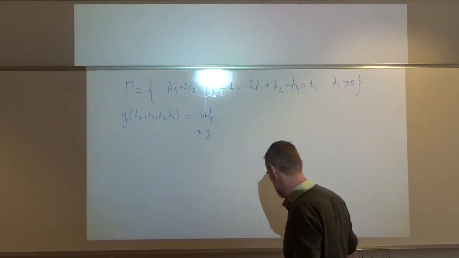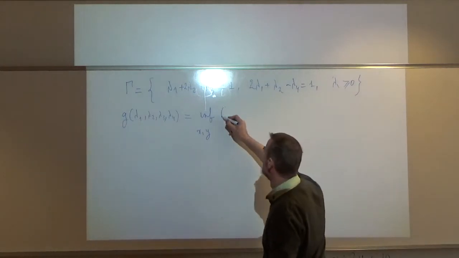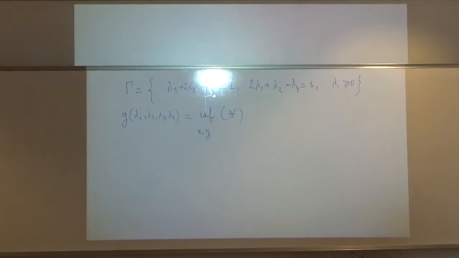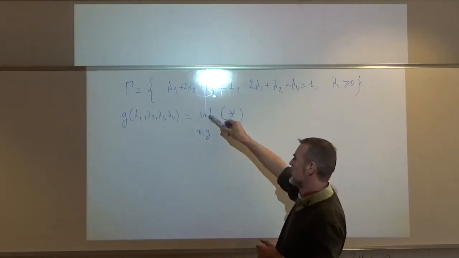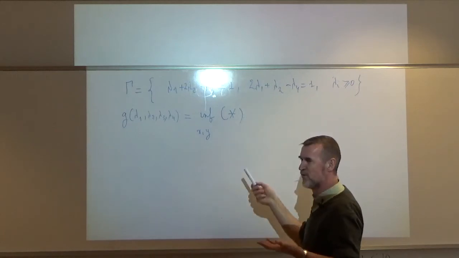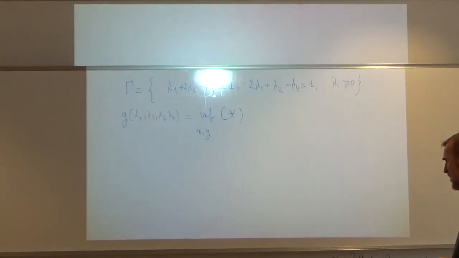The Lagrangian is the equation here that I wrote with a star. So I'm just applying the textbook definition. G is the solution of the intermediate optimization problem where I've removed the constraints and replaced them by the Lagrangian in the objective function.